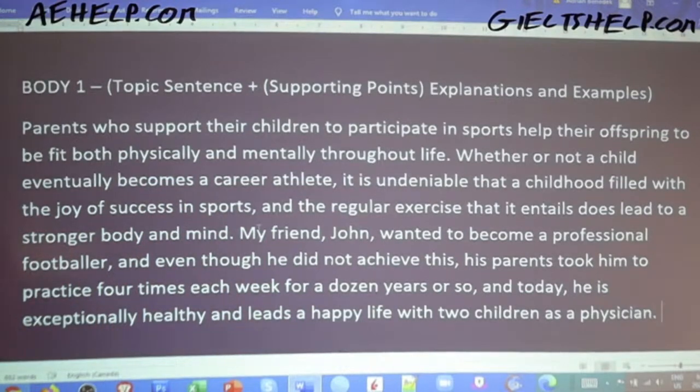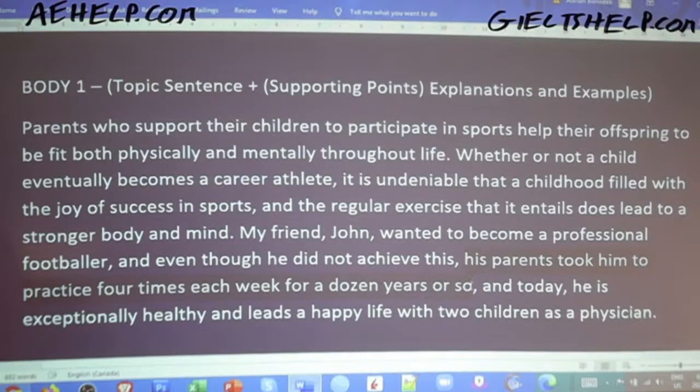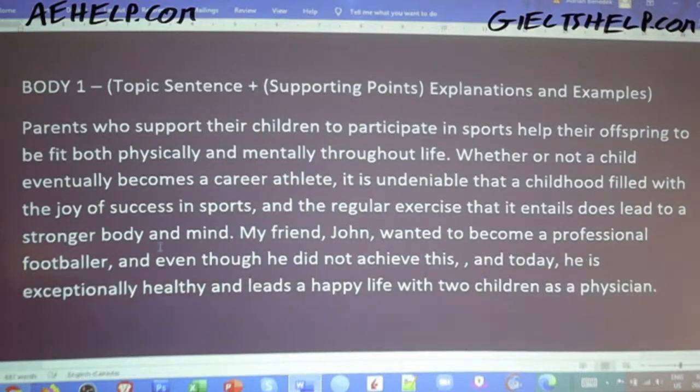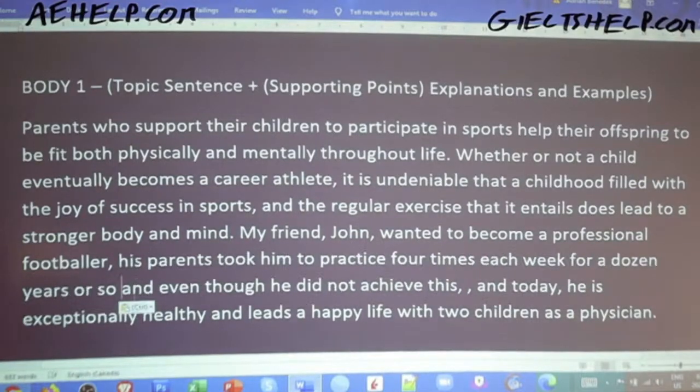Okay, so if I take this part here, my friend John wanted to become a professional footballer. Okay, and I'll cut that out and I'll put it in here. His parents took him to practice 4 times, and here I'll need a connection.